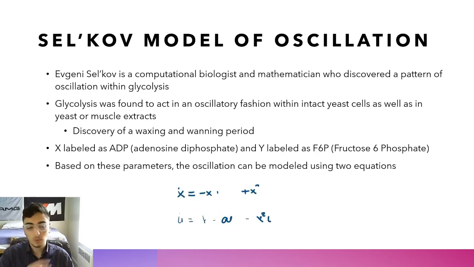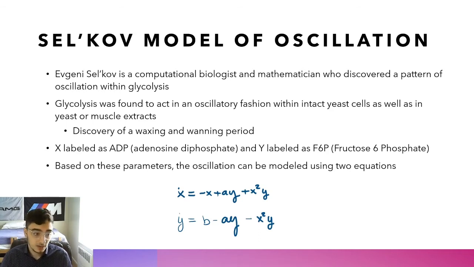For the model we're going to be working with, X is labeled as ADP, adenosine diphosphate, as I mentioned earlier, and Y is labeled as F6P, fructose 6-phosphate. Based on all the parameters I just described, the oscillation can be modeled using 2 equations.